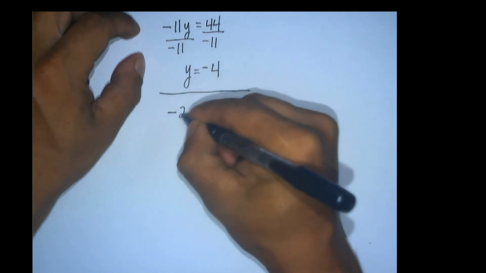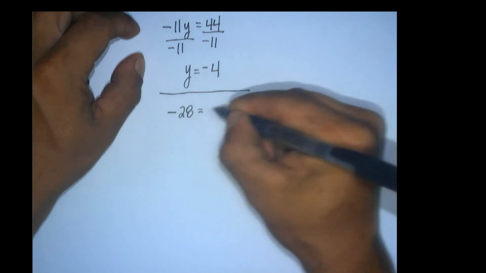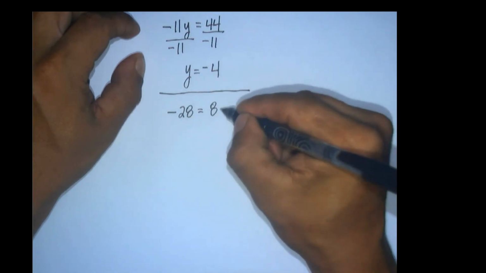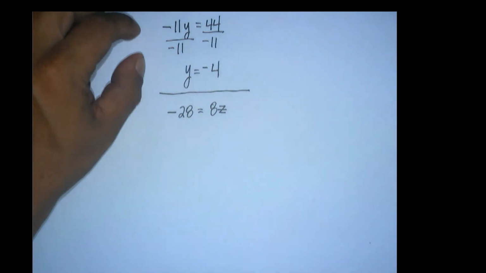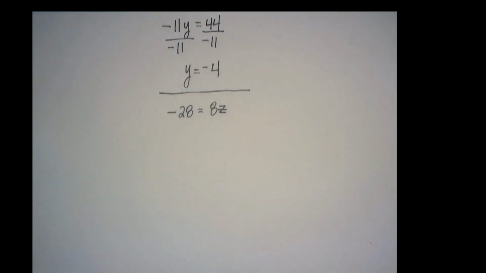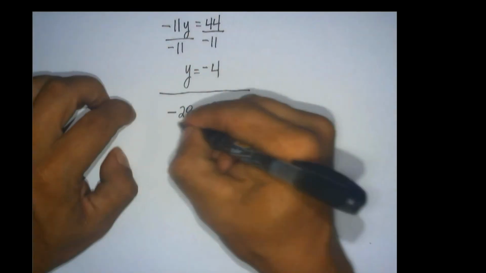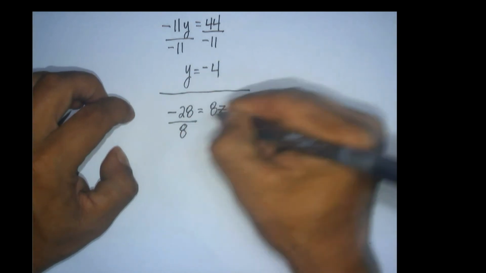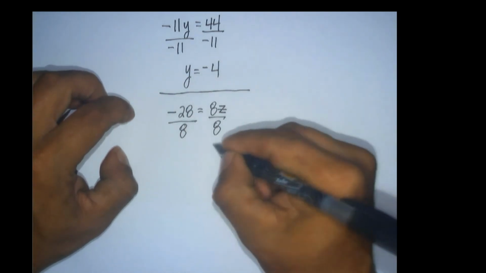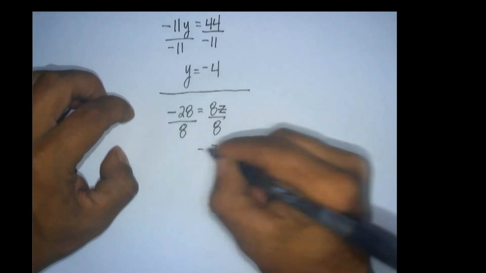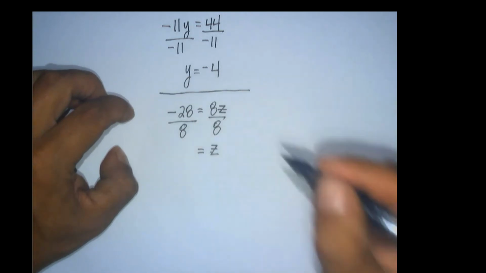Negative 28 is equal to 8z. Okay. So, I guess I divide by 8 on both sides. You do divide by 8 on both sides. So then I get... Oh my god, what is 28 divided by 8? I don't know this. Z is equal to what?